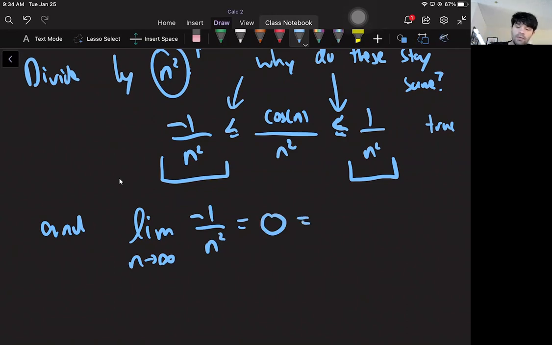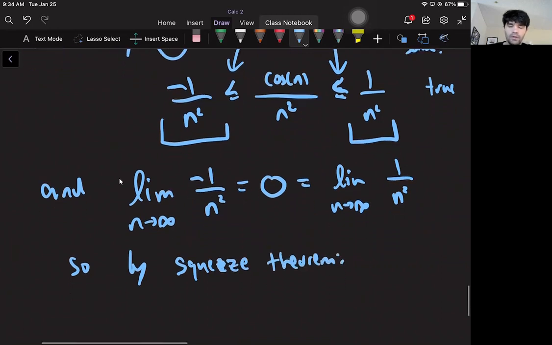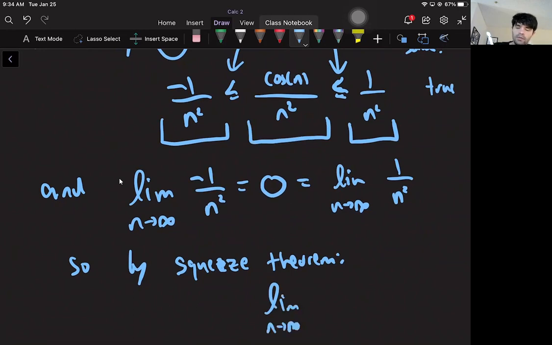And it doesn't matter if you're coming from the negatives or from the positives. It'll still do the same thing. They'll both go to 0. And so you say, well, by the squeeze theorem, you can conclude that the limit of the inside is the same as those two.